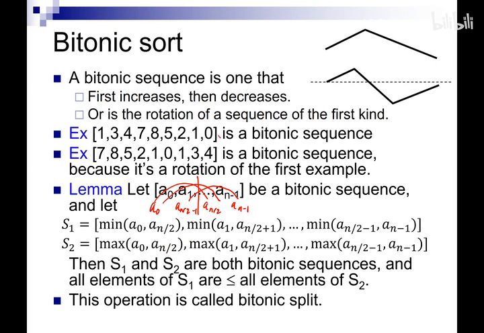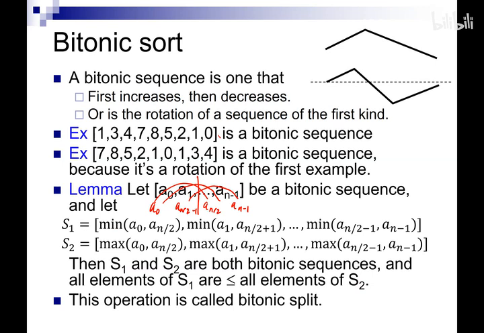Now the claim is that if the original sequence is a bitonic sequence, then both S1 and S2 are also bitonic sequences. And furthermore, all of the elements from S1 are going to be less than all of the elements from S2.